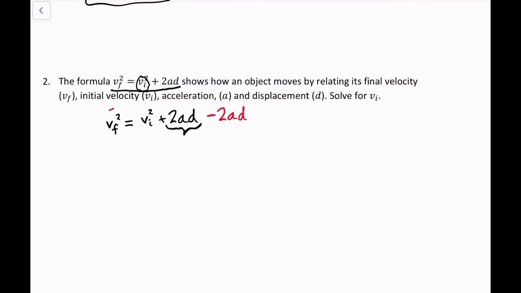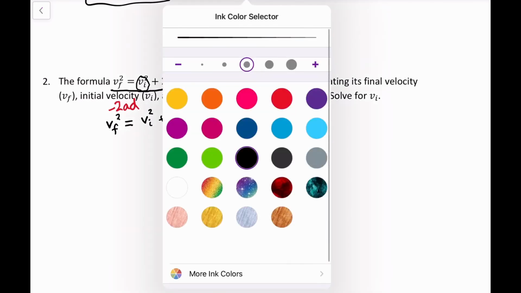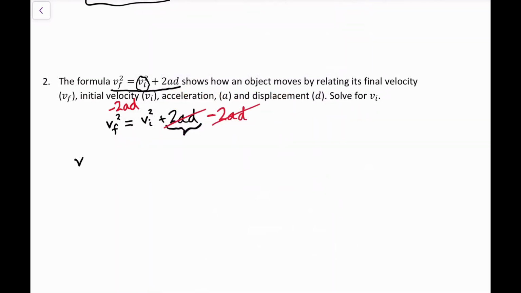So of course we have to do it on both sides. So those are going to cancel out. And we are left with, on the left-hand side, we still have the Vf squared, we didn't change that, minus 2 times A times D. This is equal to Vi squared.